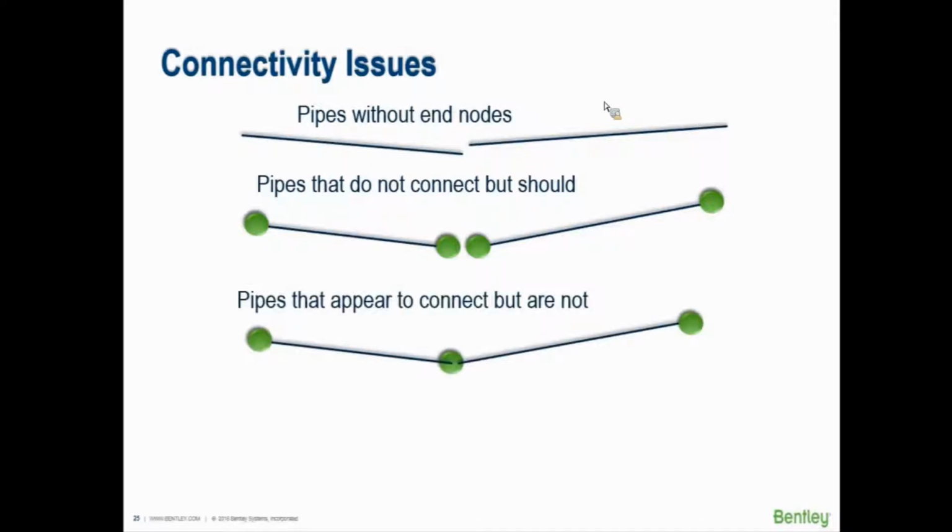There are pipes that appear to be connected but they're not, even though there's a node that's drawn that those pipes aren't snapped to. So sometimes this can happen that the requirements of the CAD files weren't followed all the way through. Maybe pipes were crossing and there should be junctions. So you can have quite a few of these creep up in a model that ModelBuilder can then in turn help fix.